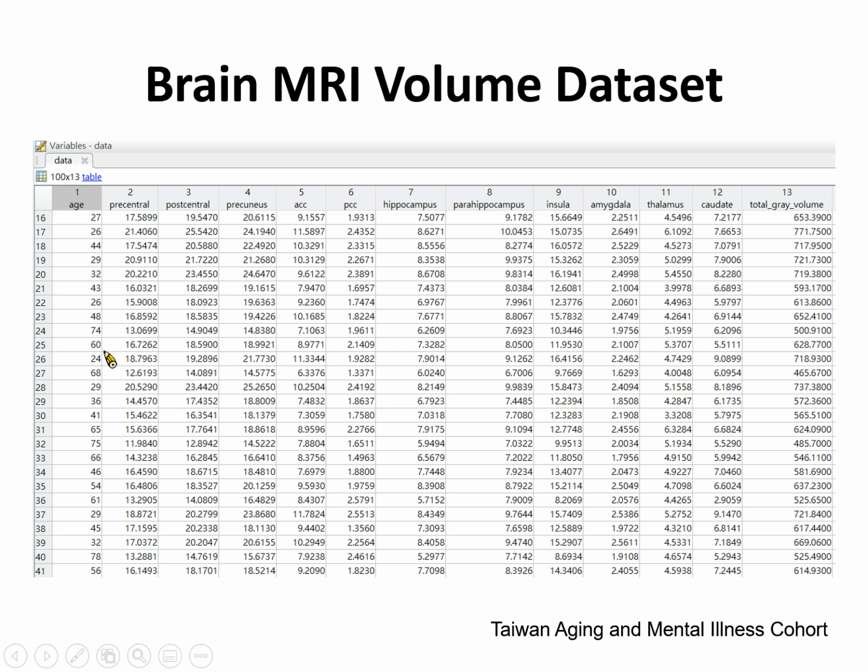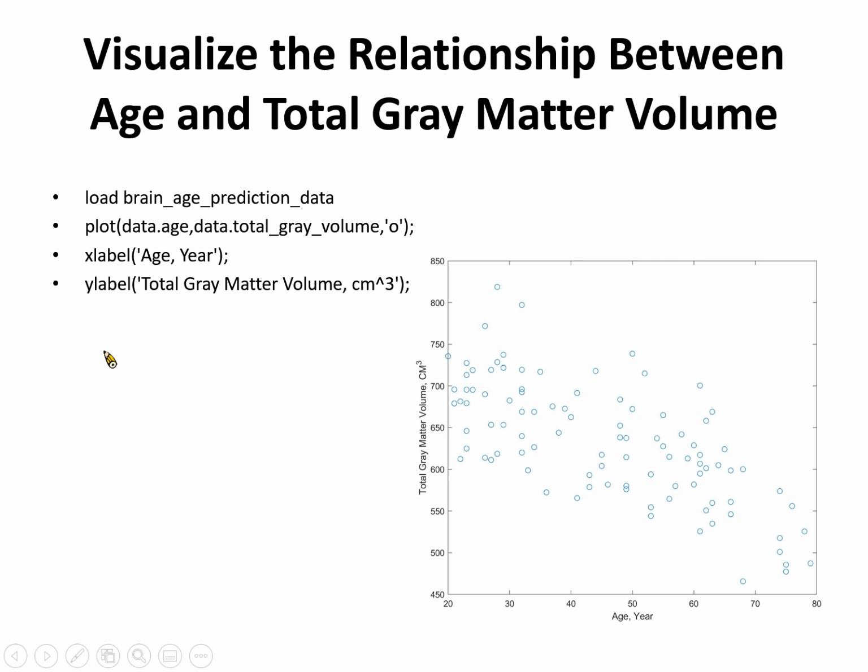That is one application we want to illustrate in this course. You can download the data from my laboratory website; it is called brain age prediction.mat. Use the simple function load brain age prediction, and you will find a variable data in the workspace.